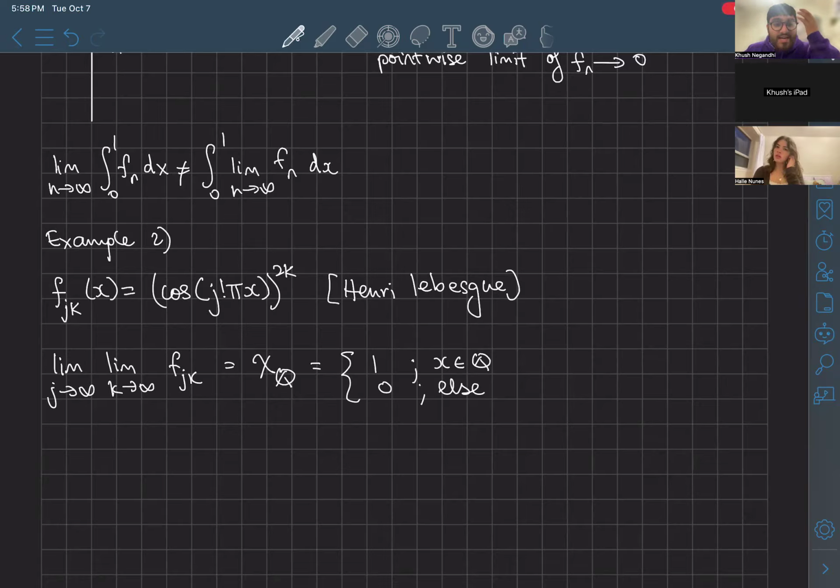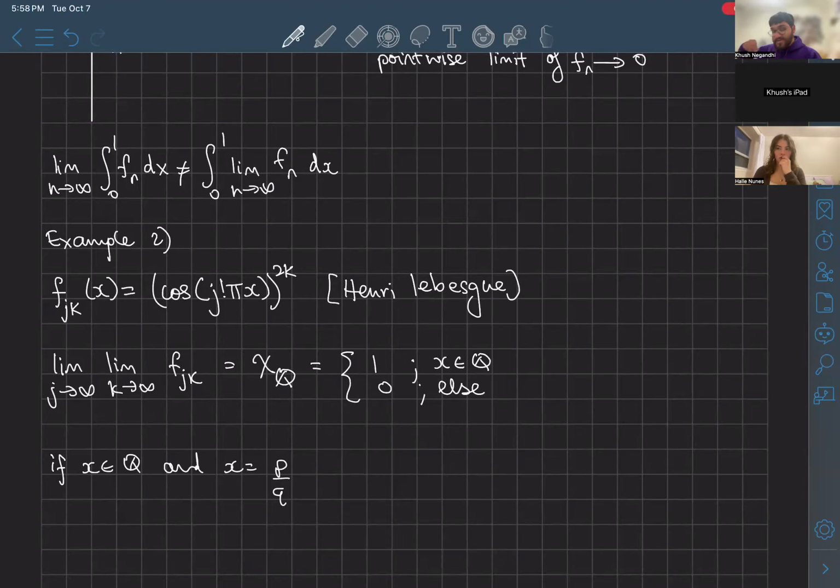So if x is rational and x equals p over q, if you take j to be bigger than q, right? j factorial contains q in its product.